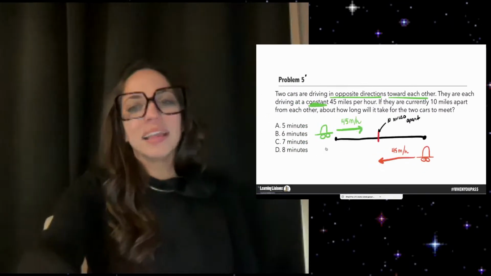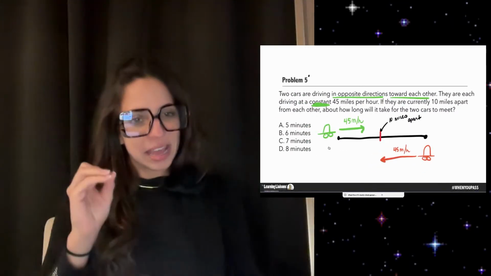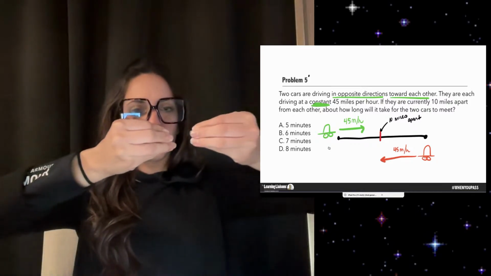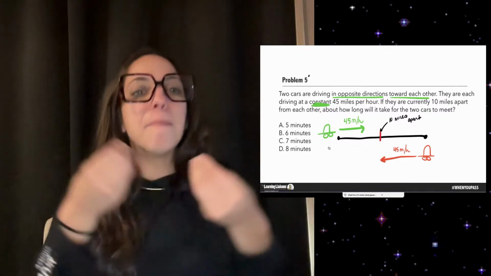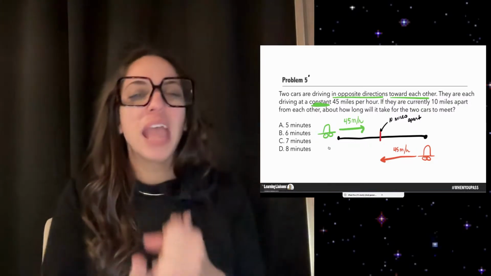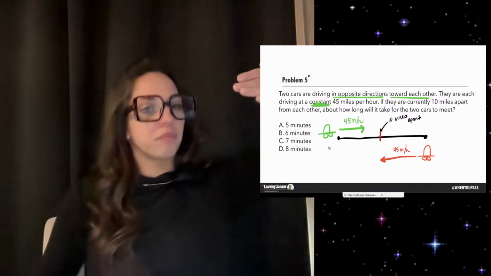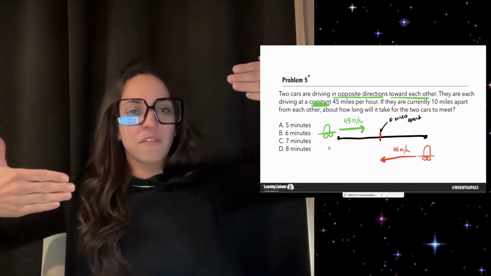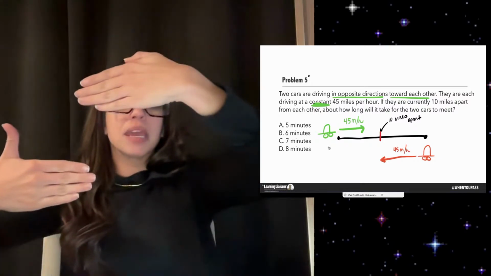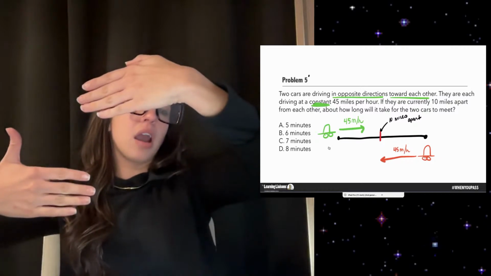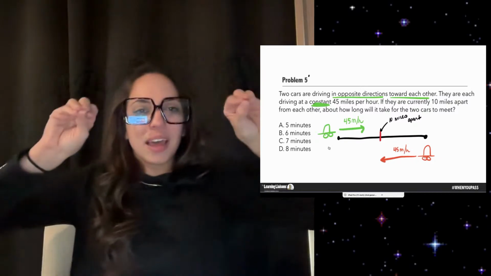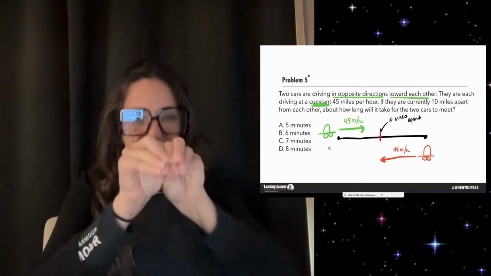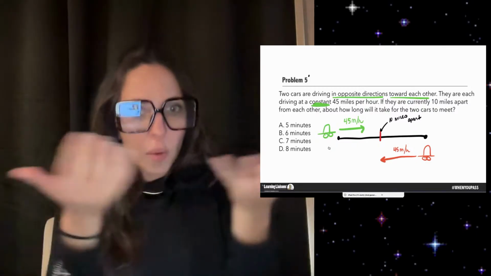Well, this one is a little bit more straightforward than some, because if they're going at the same speed towards each other, then they're going to hit the middle point when they meet. However, if this car was going at 30 miles an hour and this car was going at 15 or 10 miles an hour or whatever, they're going to meet closer to that 10 mile an hour car because that one's not going as fast. But because they're going at the same speed and they're 10 miles apart, they're going to meet at the 5 mile marker.